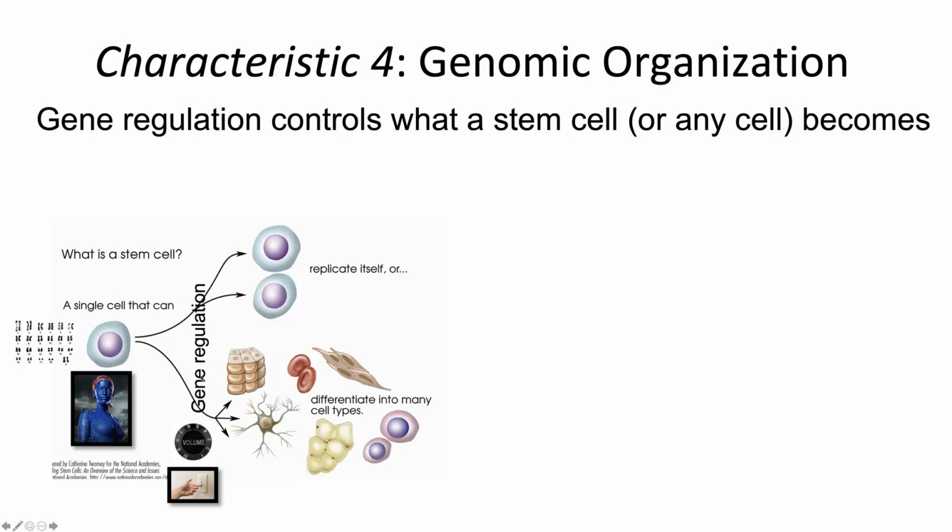So this is gene regulation, and that will express different proteins, and those proteins will determine what this stem cell, remember this is the shapeshifter cell that can become any type of cell, ultimately becomes. So that can determine whether this cell becomes a neuron, whether it becomes a red blood cell, whether it becomes a muscle cell, all of those sorts of cell types that also have a nucleus and also have all of these genes that make up our genome.